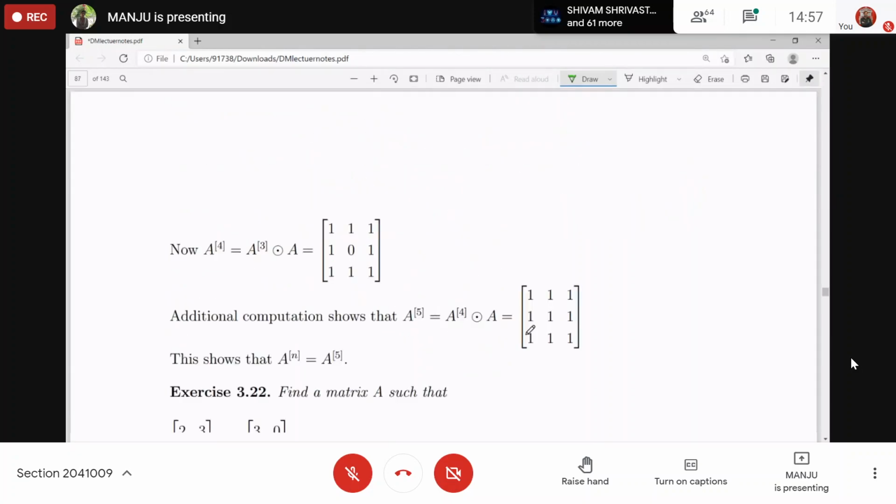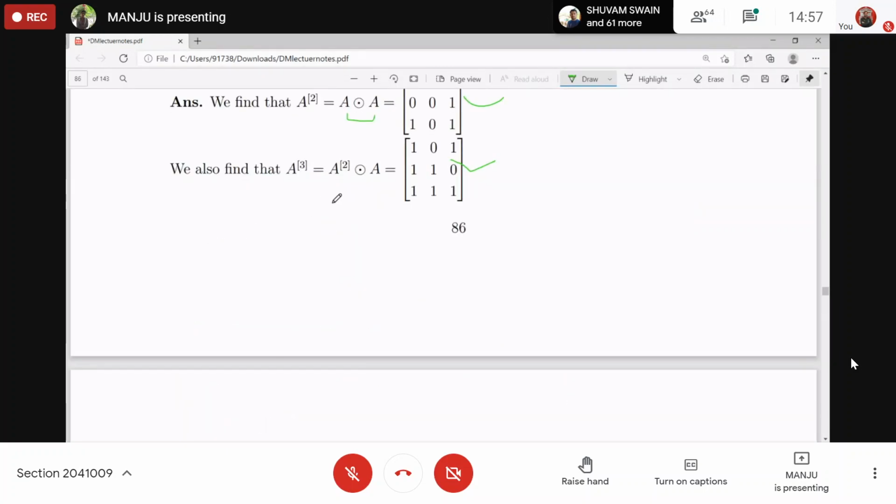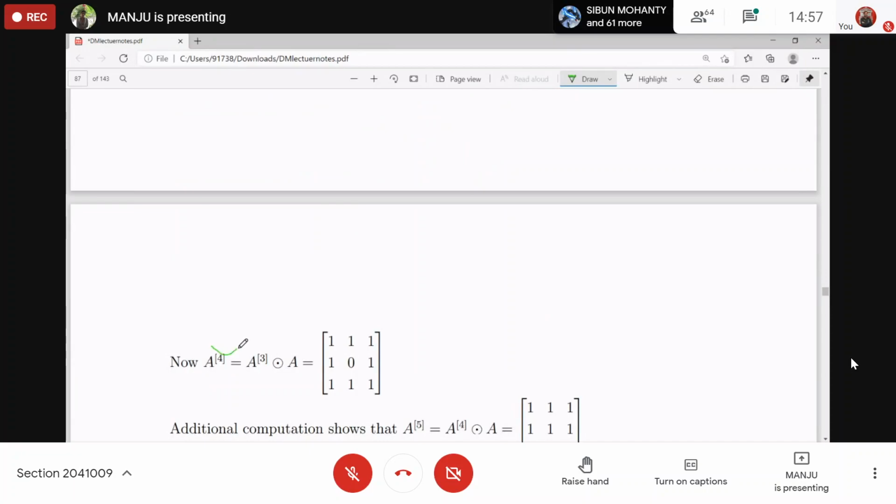Then A raised to power 4, the fourth Boolean power, will be the cube into A. So the answer for that is this one.